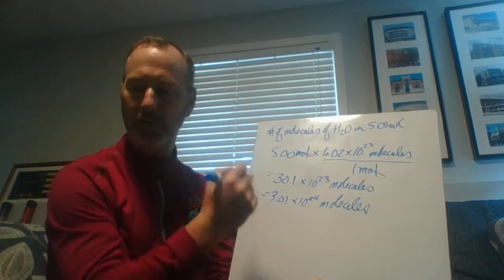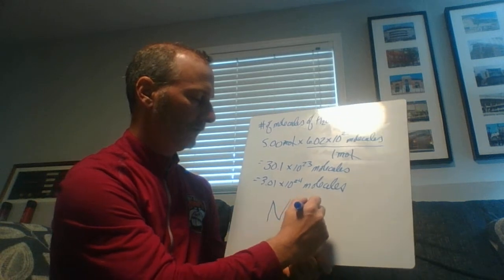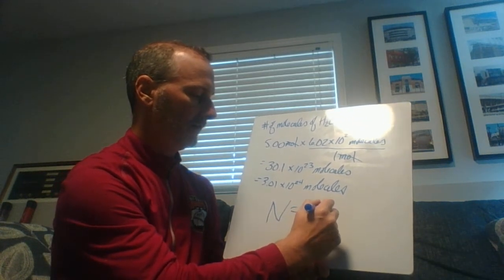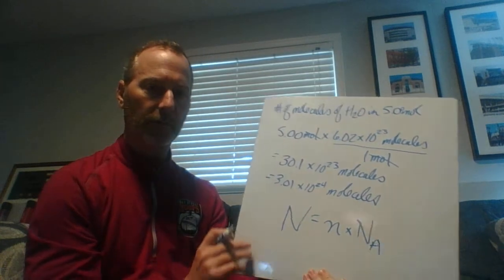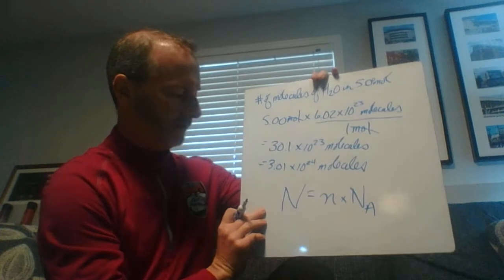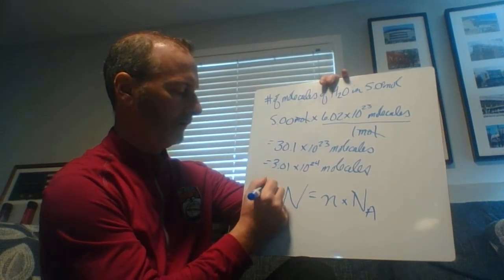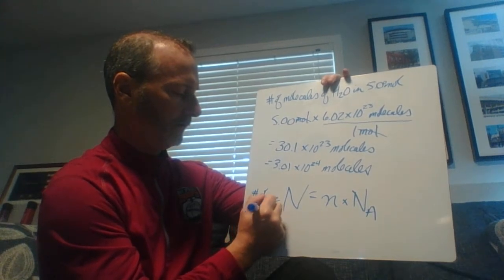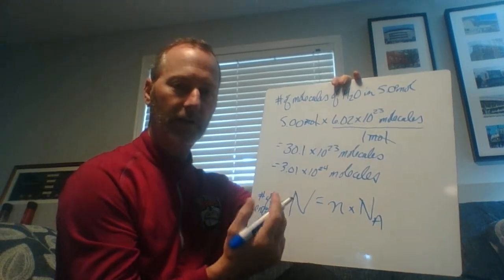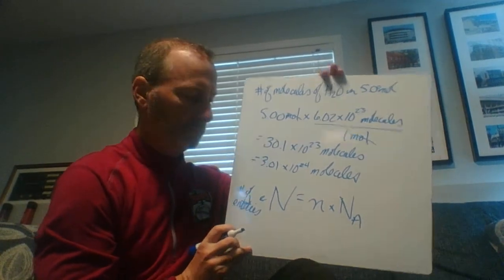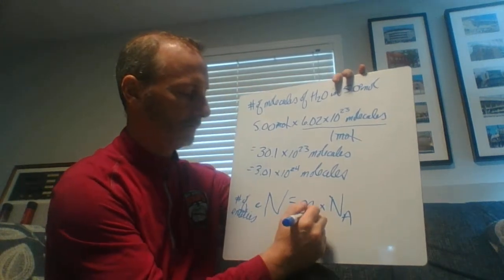It's going to lead us to this next formula we're going to use, where N equals n times N subscript A. So this capital N right here is the number of entities, whether it's molecules or atoms or ions in our case, but it could be pumpkins, elephants, beans, whatever.